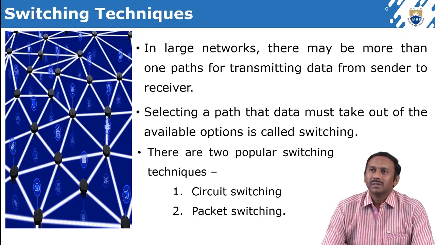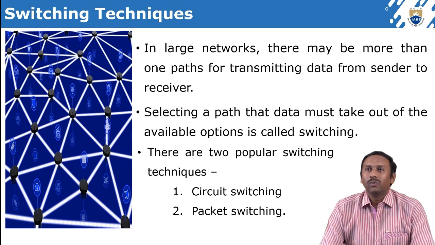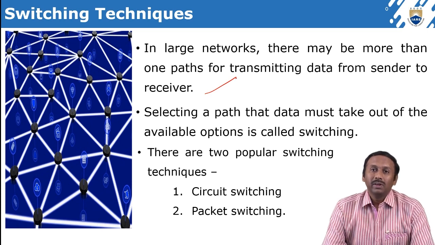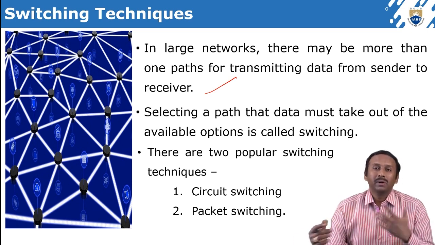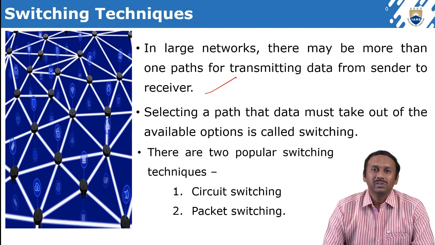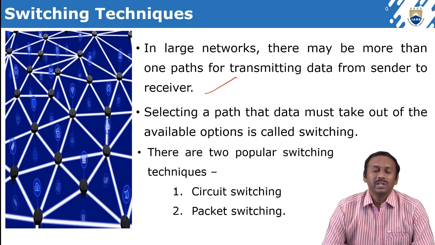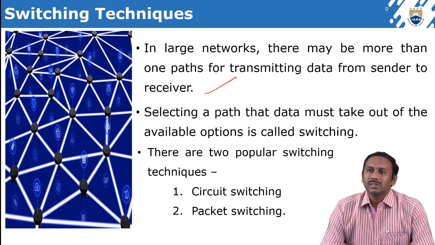In large networks, there may be more than one path for transmitting data from sender to receiver. It's quite common, isn't it? When we are interconnecting a huge number of networks, obviously we will get n number of paths to reach from source to destination. Selecting a path that data must take out of the available options is called switching.